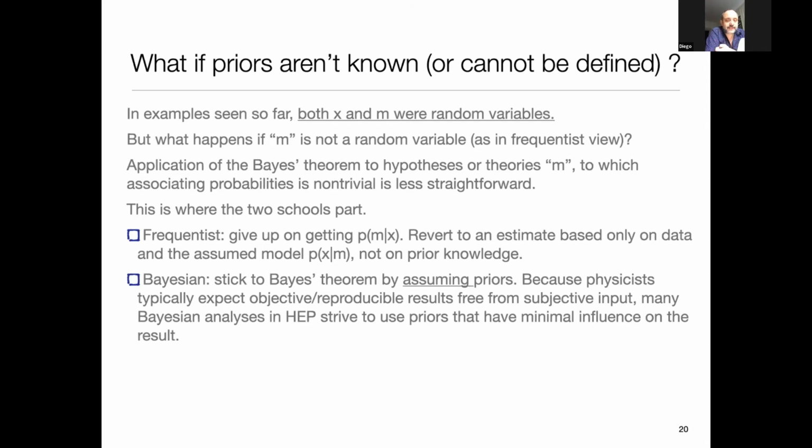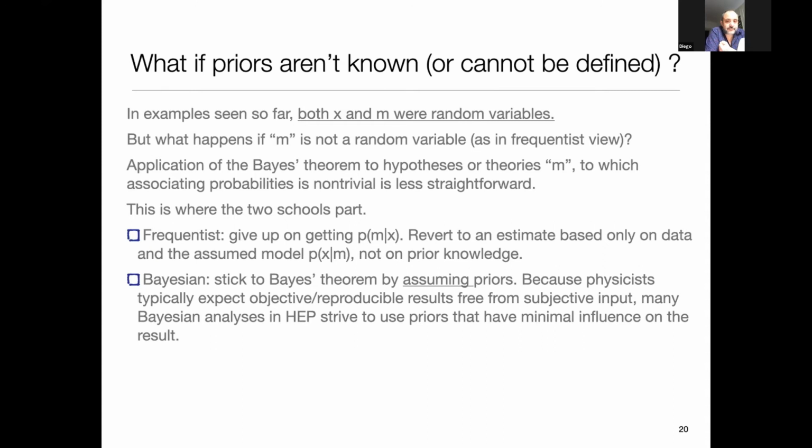They give up the idea of the backward process explicitly expressed by the probability of a parameter given the data. And so they make a step back and they say, this is not a random variable, I cannot define priors, I don't know them. Let me make a step back and base my estimate only on the assumed model, giving up on using any subjective prior knowledge.